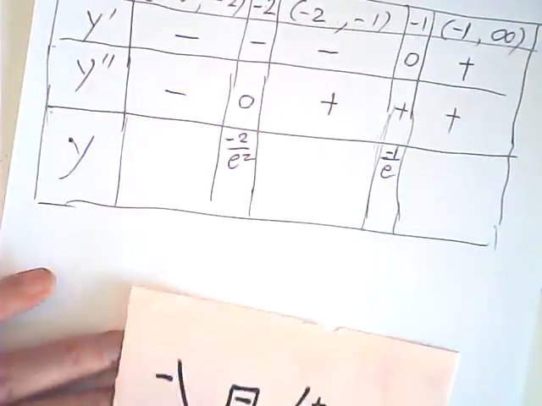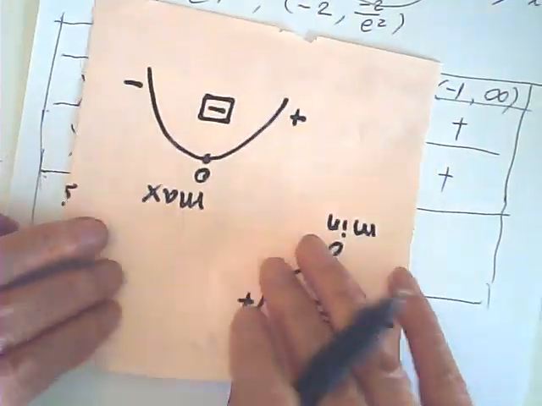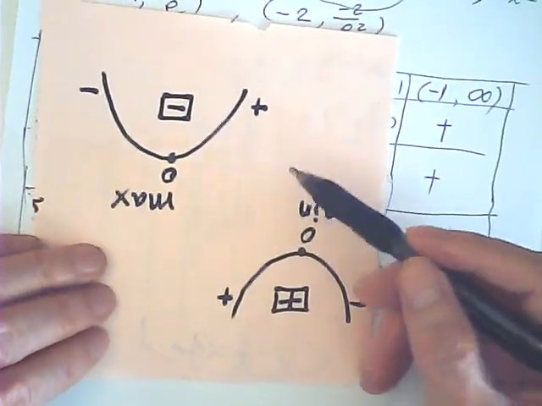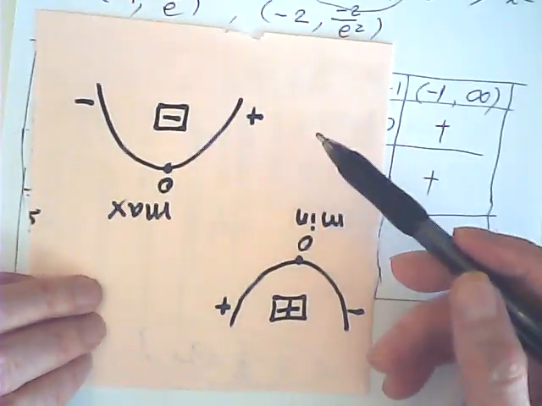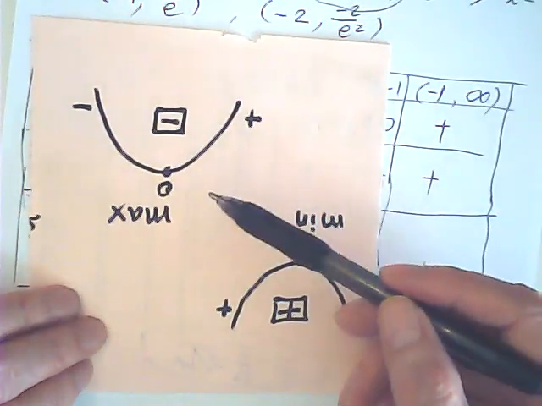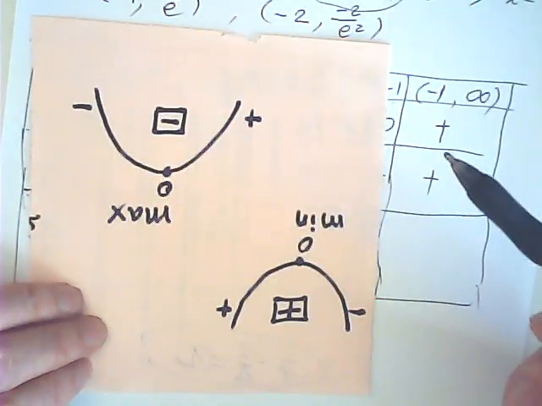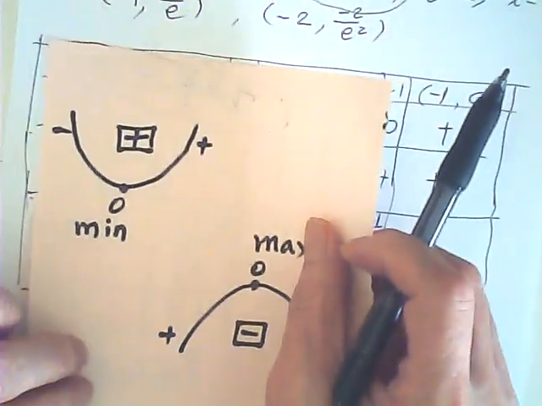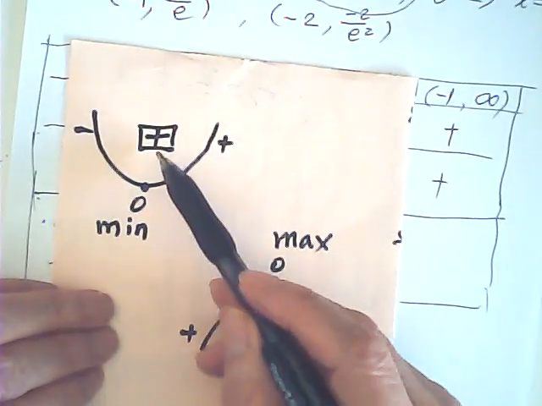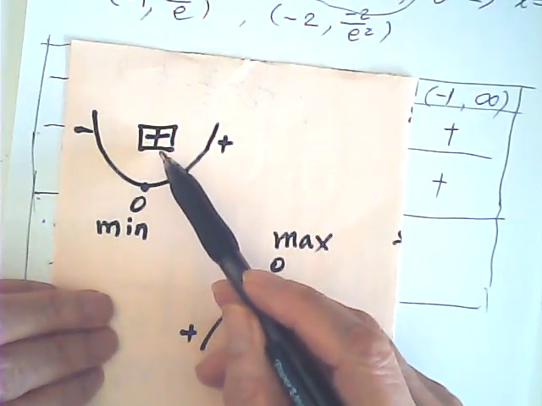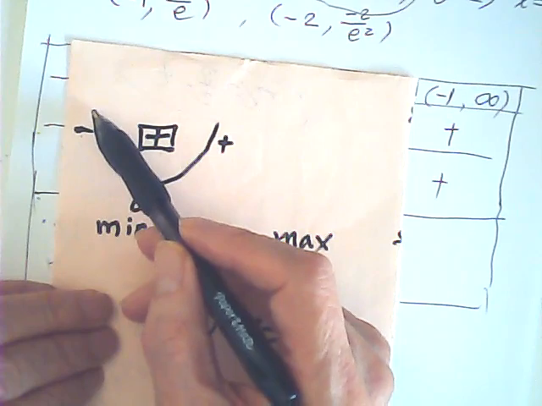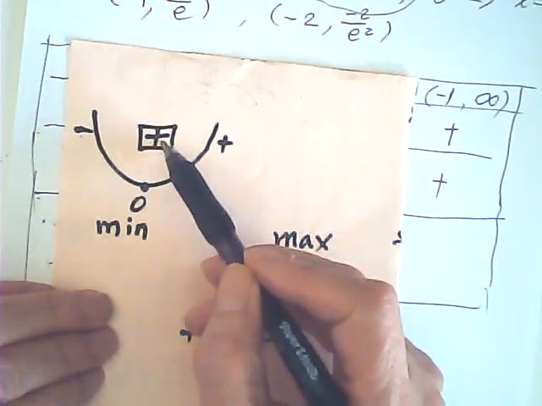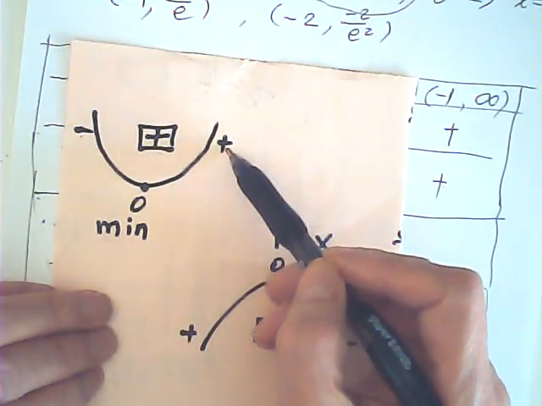These graphs summarize the shapes of the curve determined by the derivatives' signs. When the second derivative is positive and the first derivative is negative, this is the shape. Second derivative is negative, first derivative is positive, that is the shape of the curve.